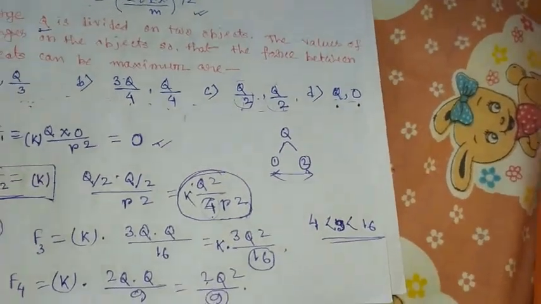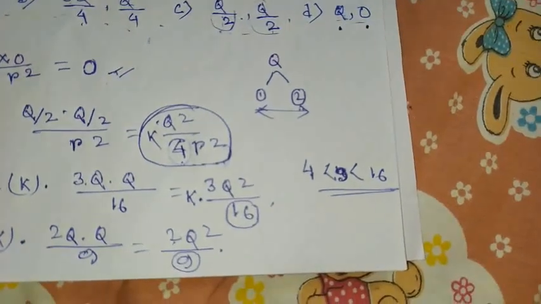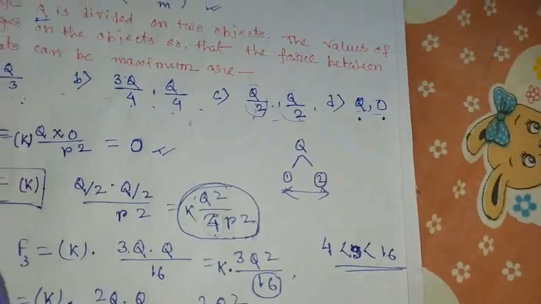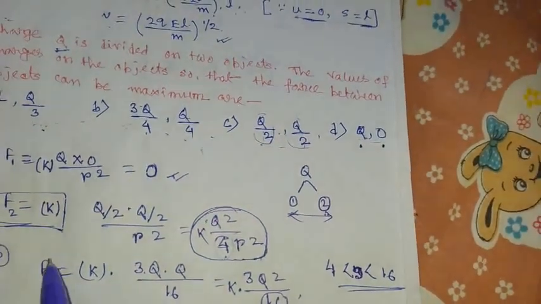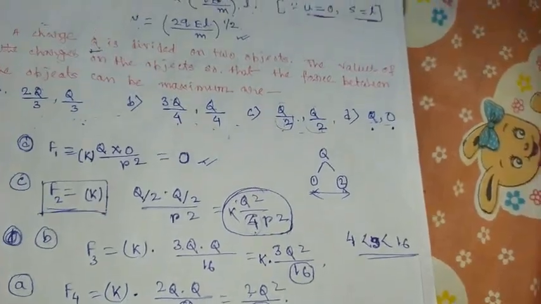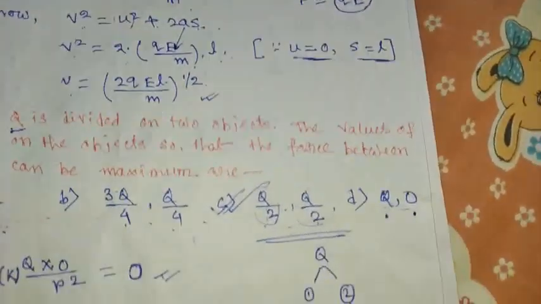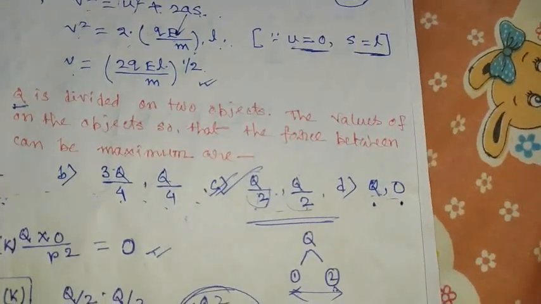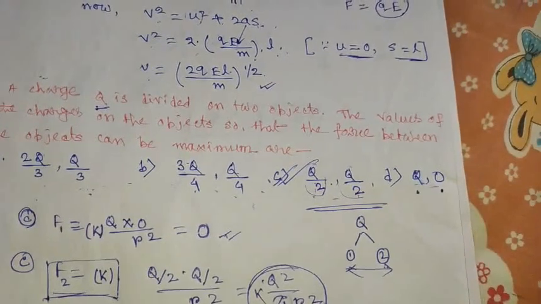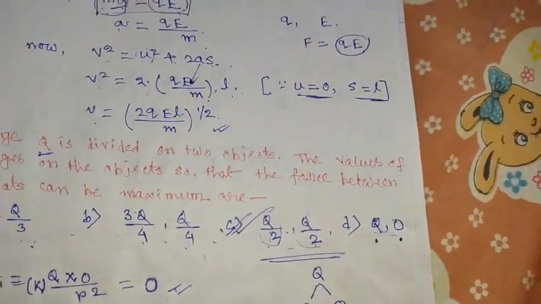You can check by the LCM process and find that F2 is largest among F3 and F4. So the correct option is option C. When the charge is divided equally, the force between the two objects can have the maximum value. Okay, let's move on.